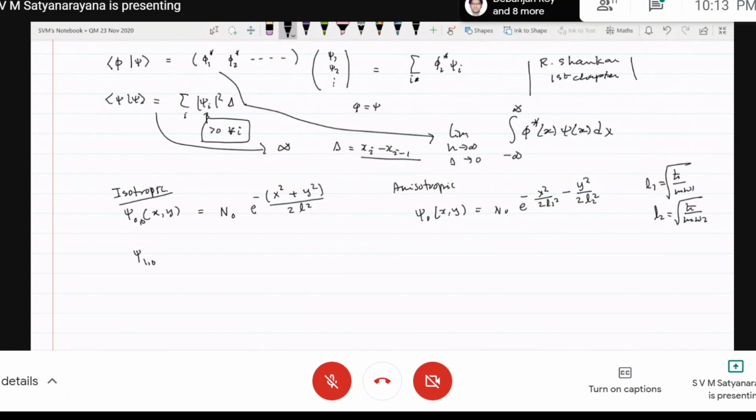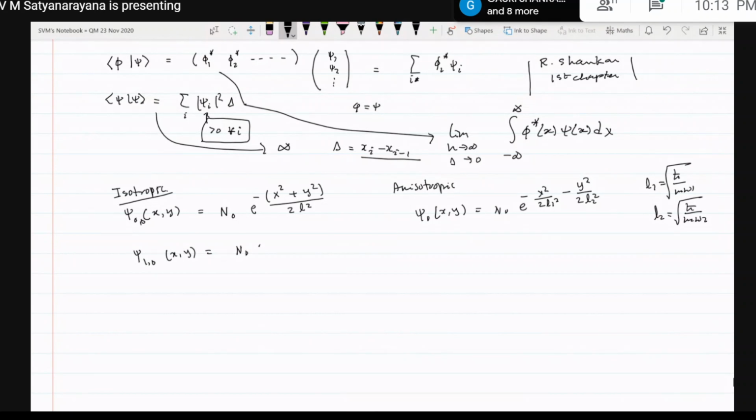Now psi 1,0 of x comma y will be equal to n0 into x into e to the minus (x square plus y square) by 2L square, because there is 1 with respect to the first one. And psi 0,1 of x comma y will be, maybe I call it n1, n1 into y into e to the minus (x square plus y square) by 2L square.